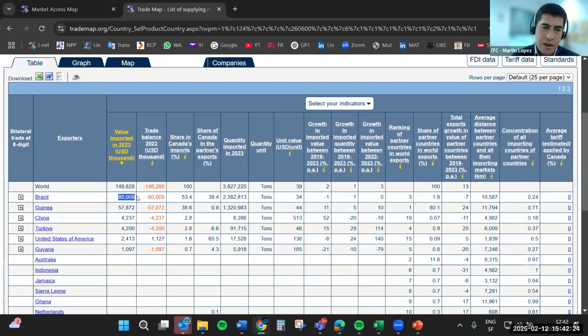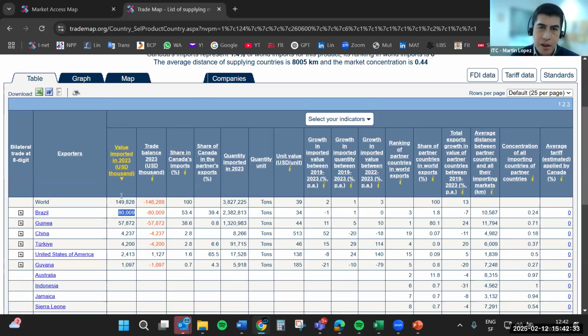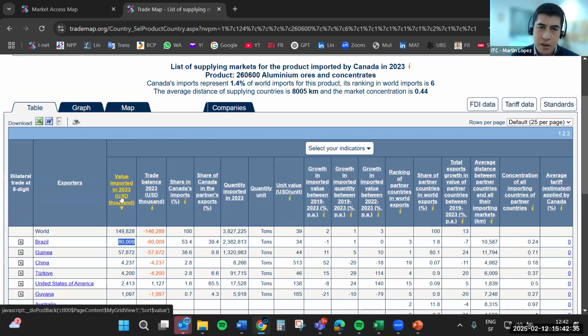For example, I am learning that in 2023, Canada imported $80 million of aluminum ores and concentrates from Brazil. So this is not 80,000, this is $80 million because I'm adding 3 zeros.